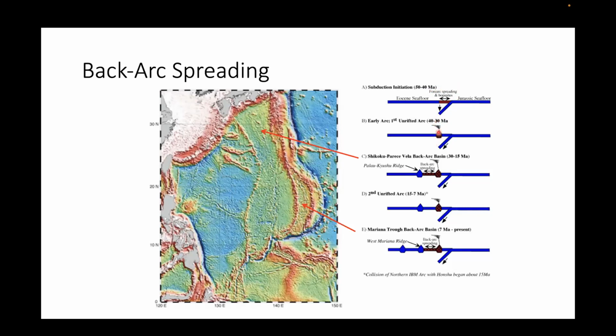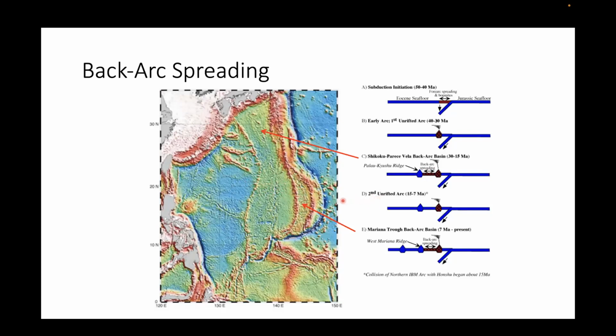After 10 million years, the first sequence of back-arc spreading starts to happen. This back-arc spreading cuts the first arc in half. So there is the western part and the eastern part. The eastern part still remains an active volcano, and the western part becomes a dead volcano. And now a new oceanic crust formed in between. And that is the oceanic basin in this region.